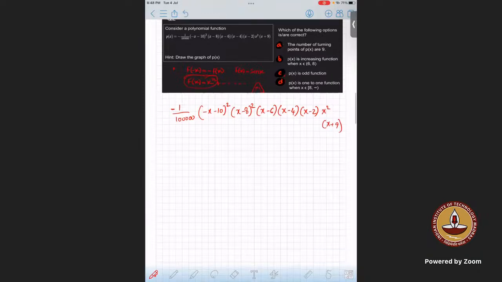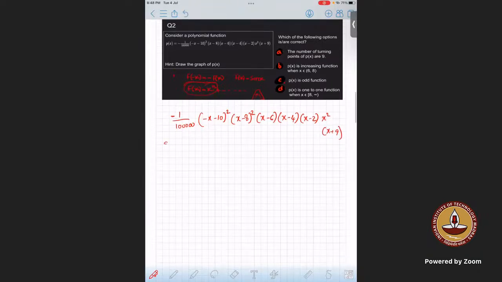Look, you have to draw it. First step. Step 1, draw a rough graph. Okay, how will you draw the rough graph? Rough graph.